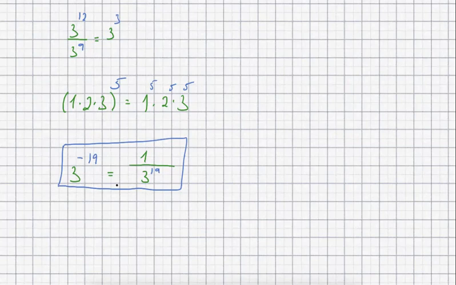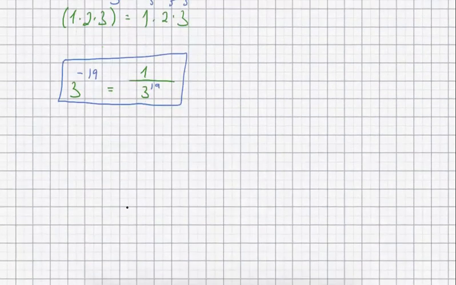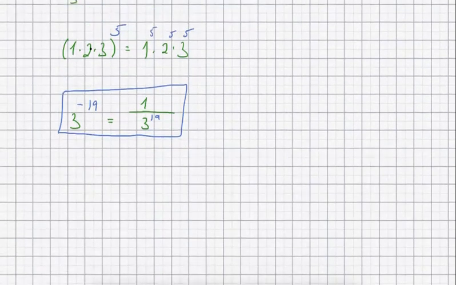Okay, let's see. The last one, I think it's the last one. It is very similar to this one, but let's say you have 3 over 5 to the power of something, let's say 4. So it's like this one.